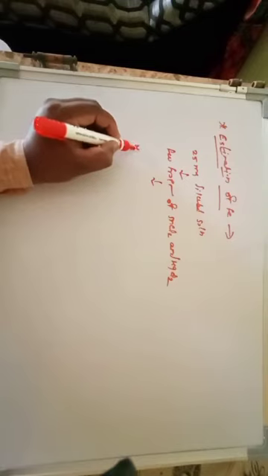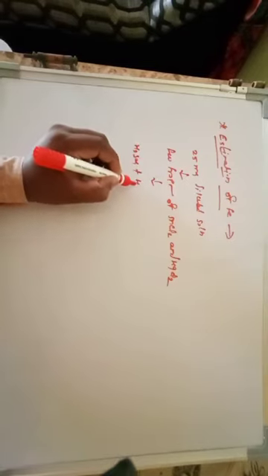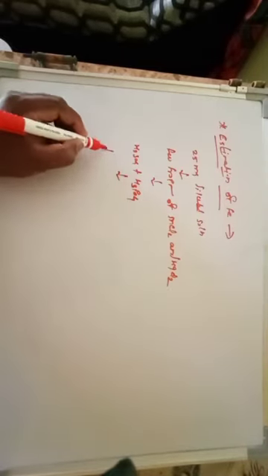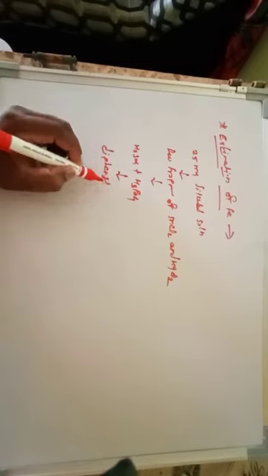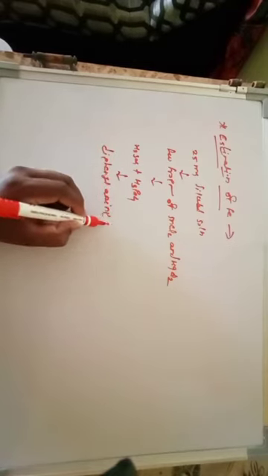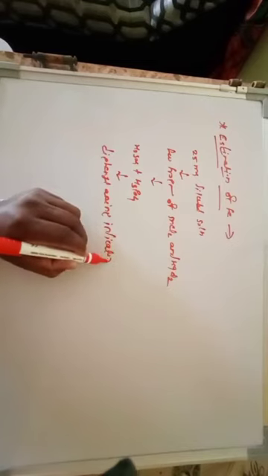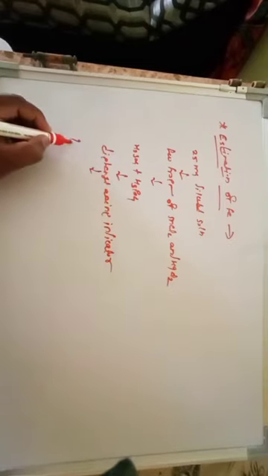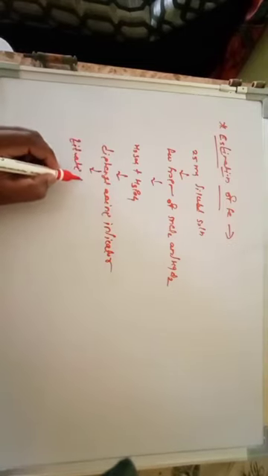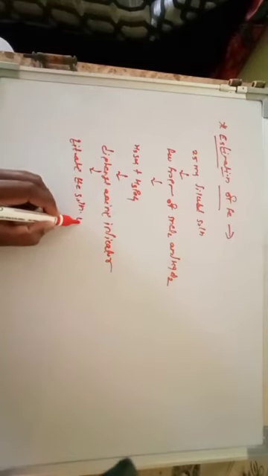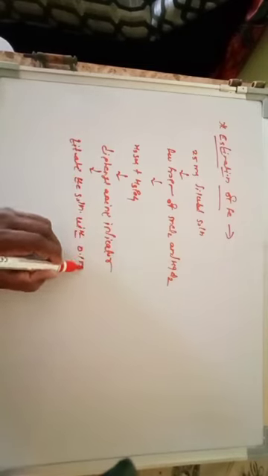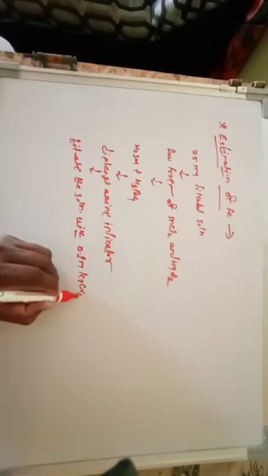Make the acidic mixture by adding H2SO4 and H3PO4, and then add diphenylamine as an indicator, and titrate the solution with 0.1 normal potassium dichromate solution.